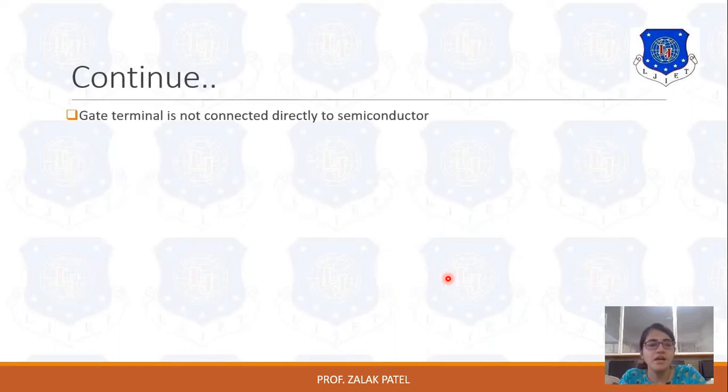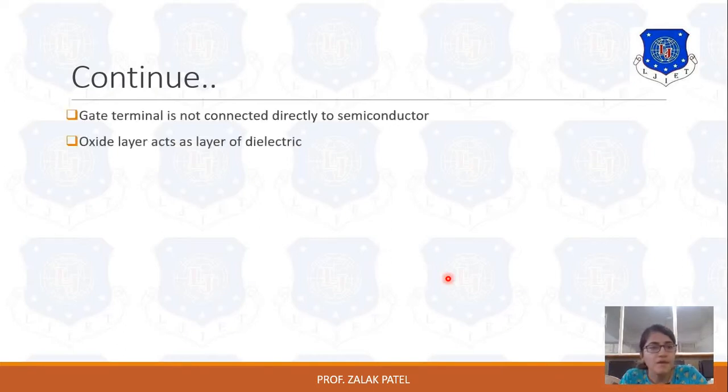As you see in the last figure, the gate terminal is not in direct connection with the semiconductor. Because of this, there is an oxide layer, the SiO2 layer, which acts as a dielectric. This dielectric affects the permittivity epsilon, and epsilon is directly proportional to the capacitance of the material.